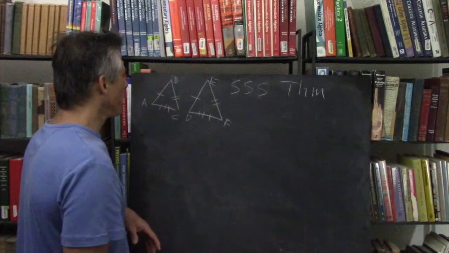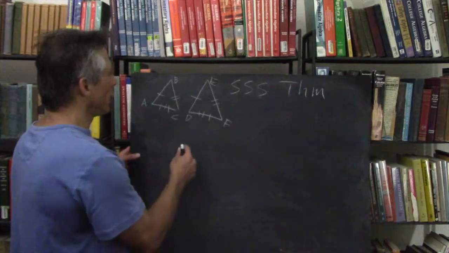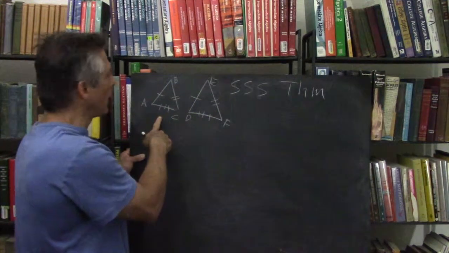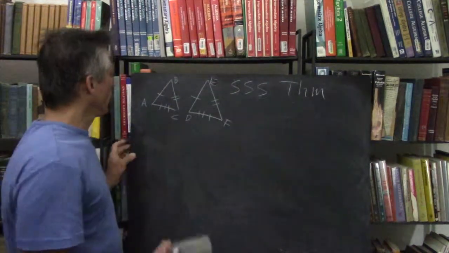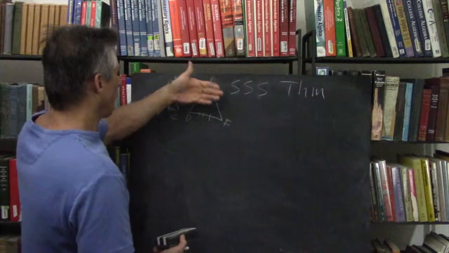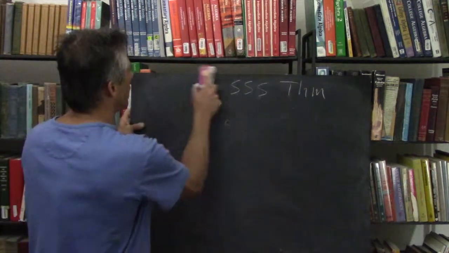So what we're going to do is get this triangle and put it upside down by this one. So let me go ahead and redraw that. I'm going to get this one, flip it upside down, and put it right here.